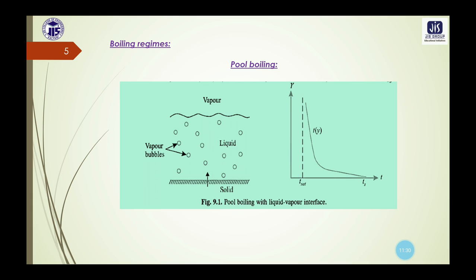The temperature through most of the liquid remains slightly above the saturation, because that graph does not touch the excess temperature axis here. Consequently, the bubbles generated at the liquid solid interface rise and are transported across the liquid vapor interface. This bubble formation, the vapor bubbles formed at the liquid solid interface, we can see on the left hand side of this diagram.